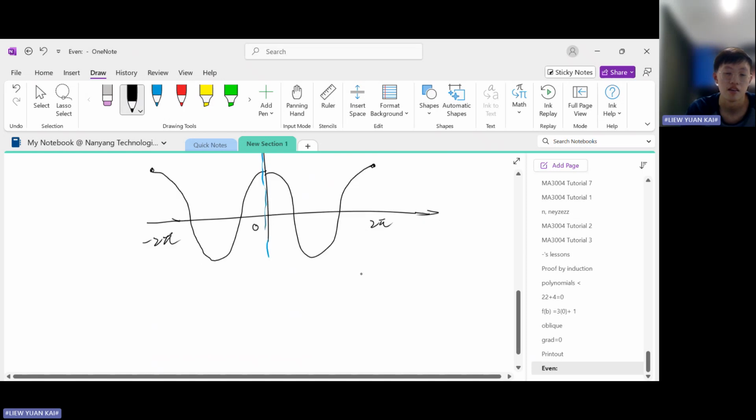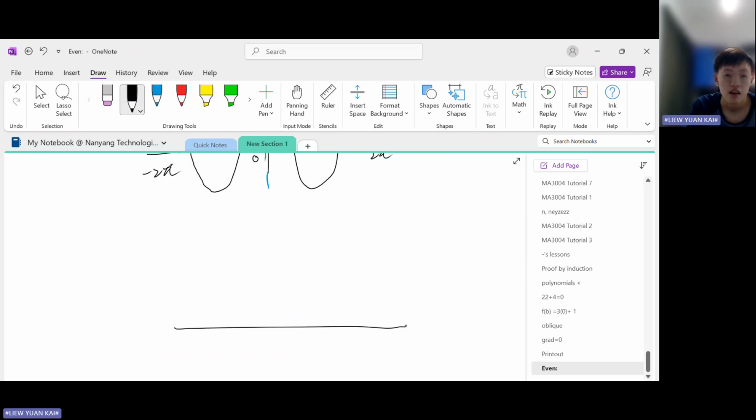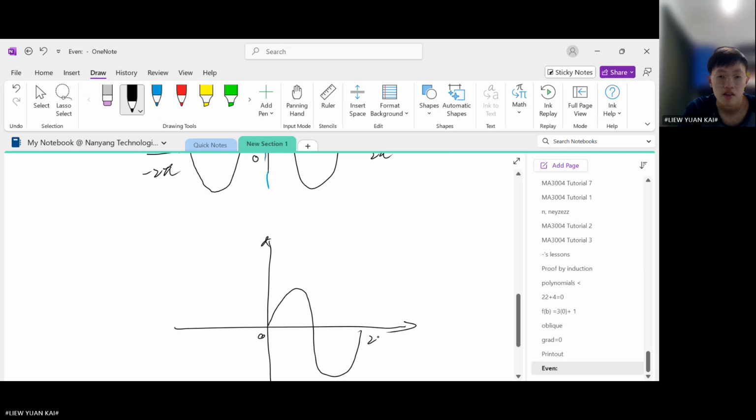Now let's take a look at sine. For sine, it will look like this. This is for one period, so 0 to 2 pi. This is f of x is equal to sine of x. If I extend this into the negative x region, it will look like this.